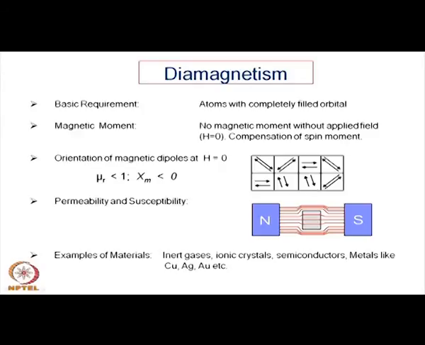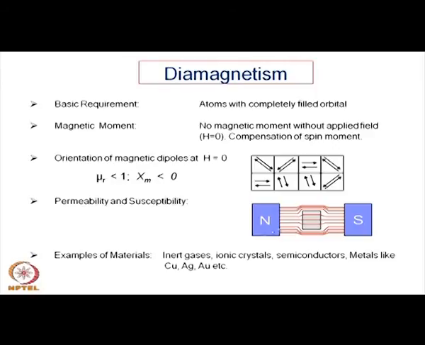However, when you apply a magnetic field, this is your material, you have magnetic lines of force, and because chi m is negative, the magnetic lines of force are repelled by the diamagnetic material. Diamagnetic materials really do not like the magnetic lines of force, they repel them.